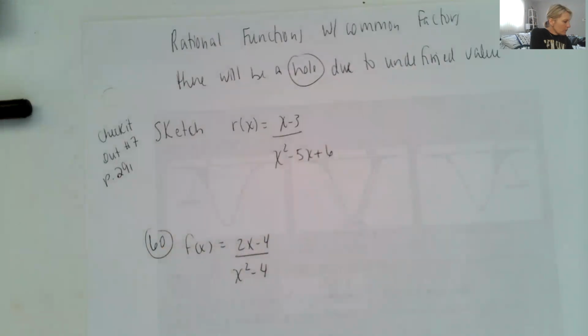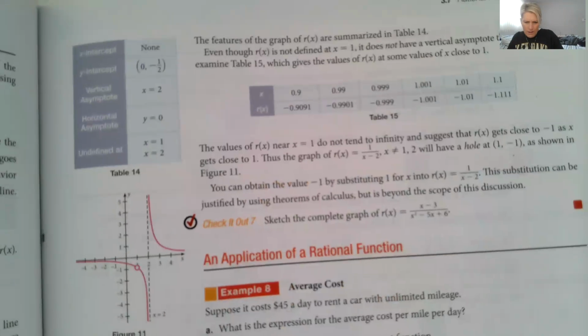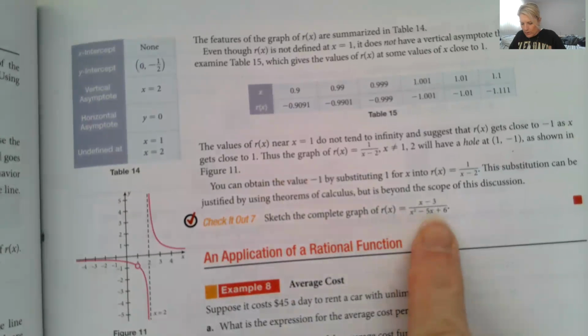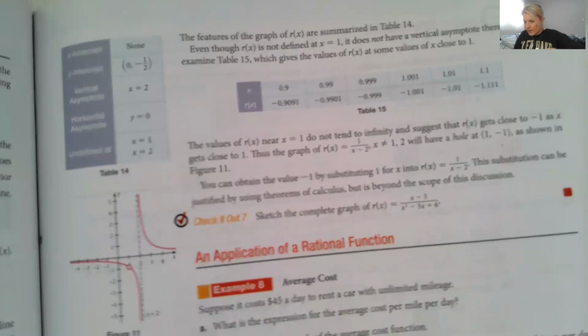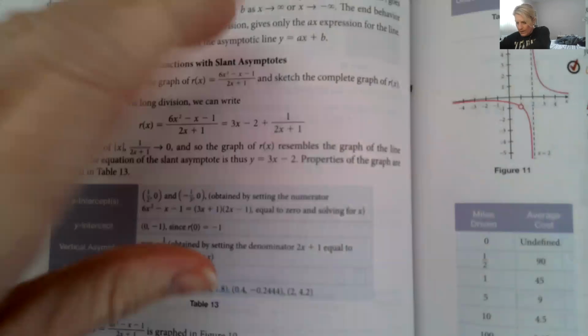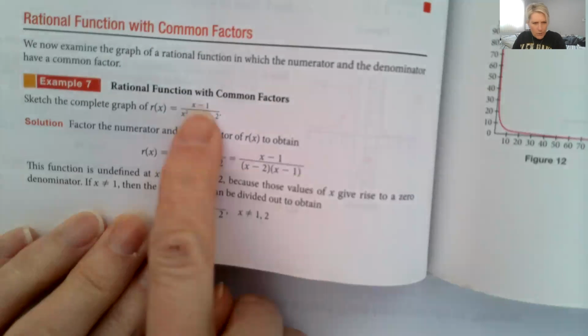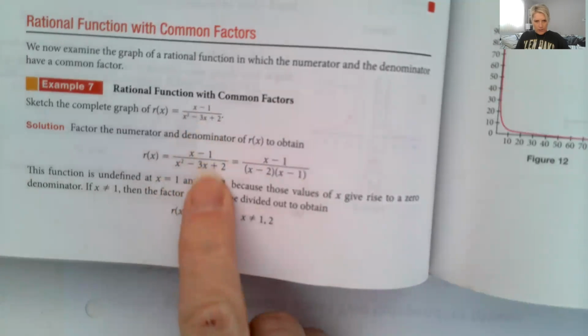On 291, we're going to look at where there are holes. You can see the example from the bottom of page 290, Example 7: x minus 1 over x squared minus 3x plus 2.